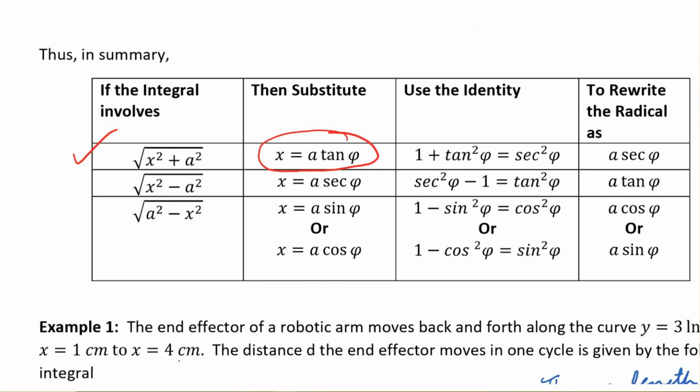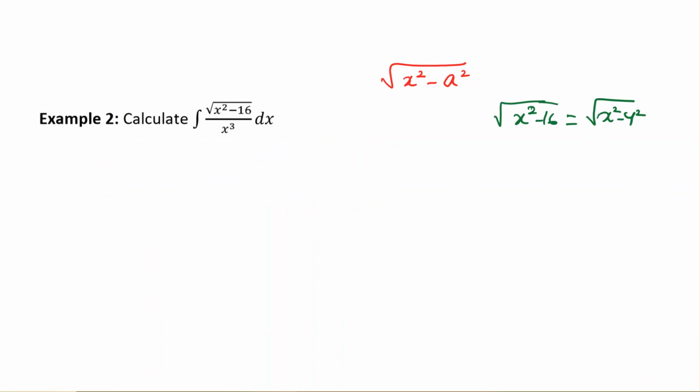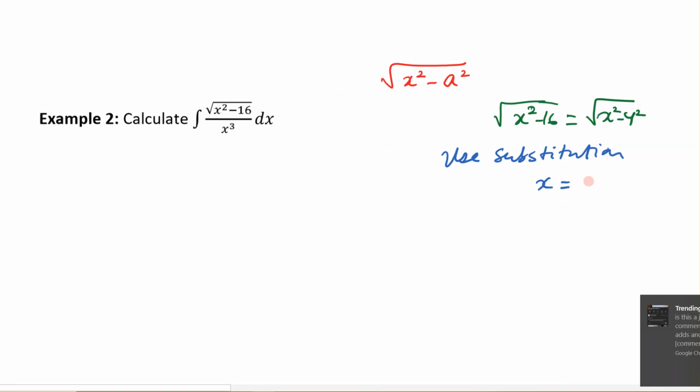When we have square root of x squared minus a squared, we start with the substitution x equal to a secant theta. So in this case, we will use x equal to 4 secant theta.